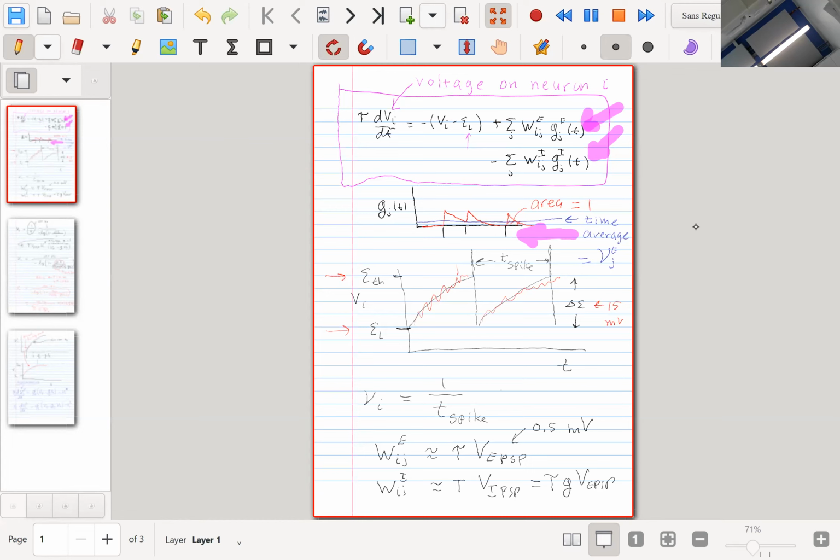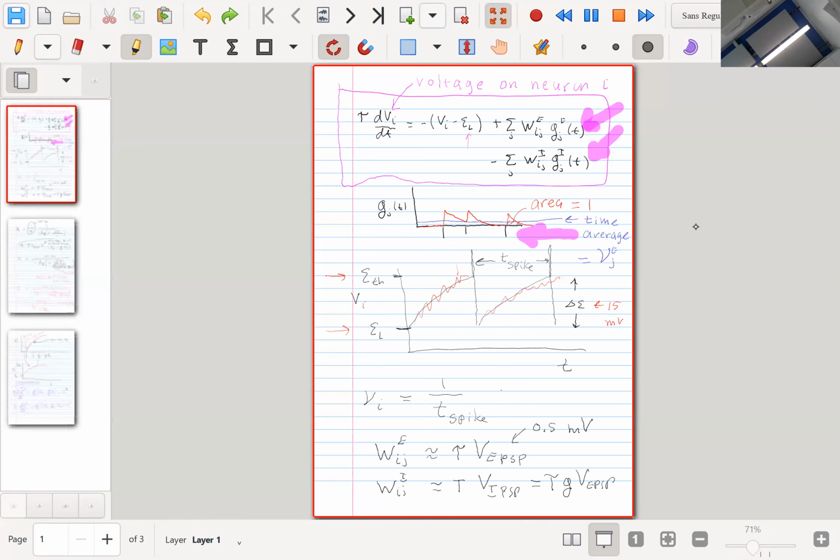If it gets enough excitation, the firing rate goes up, hits threshold and spikes and comes back down, up, hits threshold, spikes and comes back down. The black curves are what happens when there are no fluctuations. It's very smooth. And the red curves are what happens when there are fluctuations.